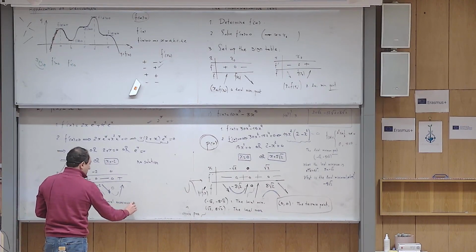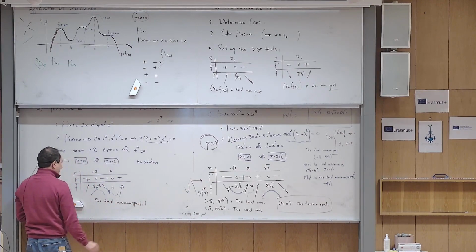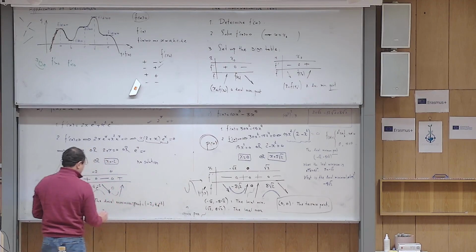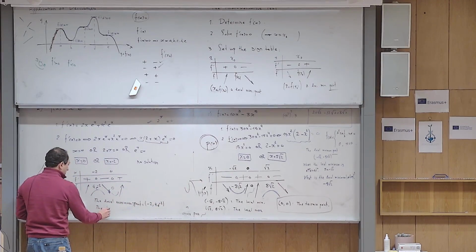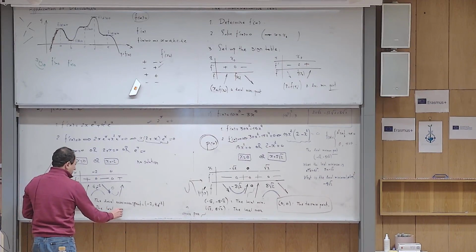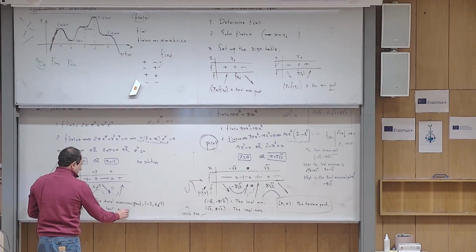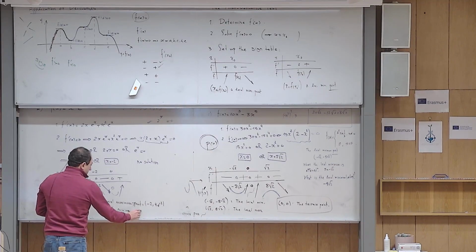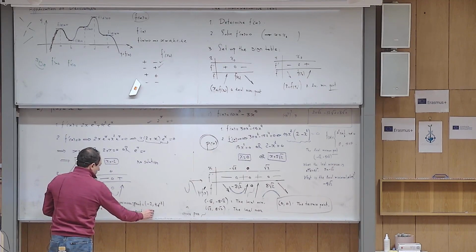The local maximum point is equal to minus 2, 4e to the power of minus 2, and the local minimum point is 0 and 0.